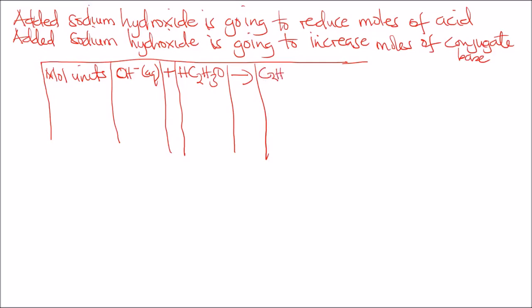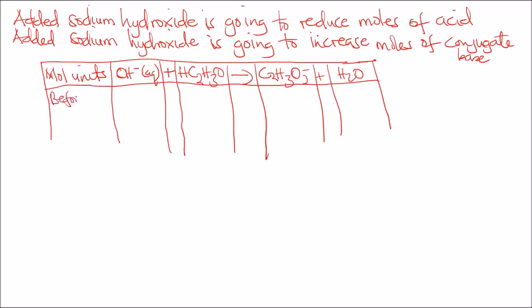So this is a conjugate base that is being produced plus some water. But in this case, you are using more units. You are not using molarity. You are using just moles. So let's say before adding, how much of this did you have?